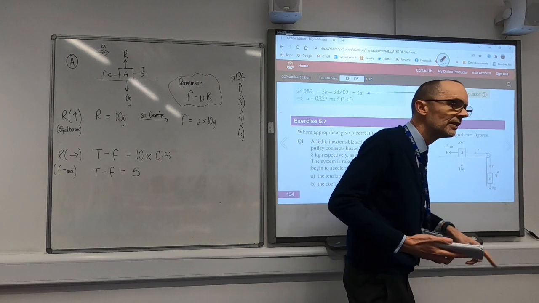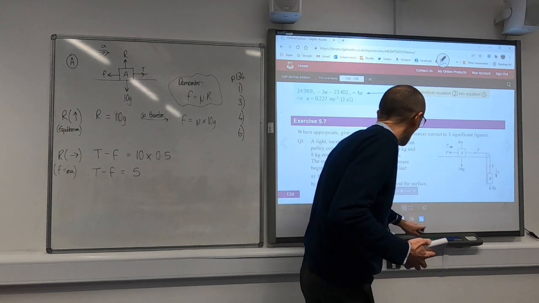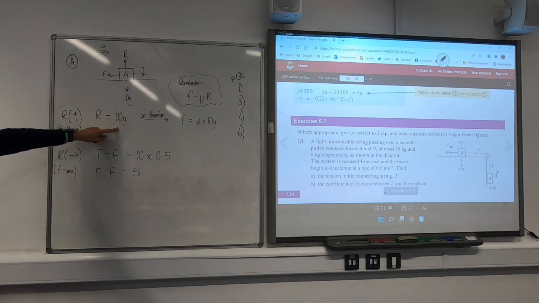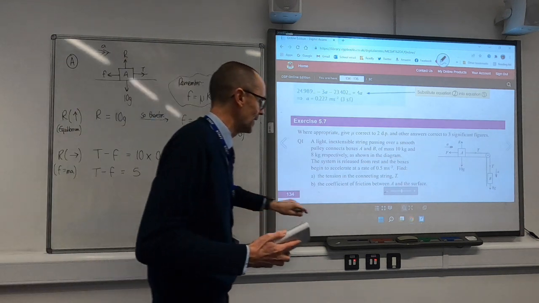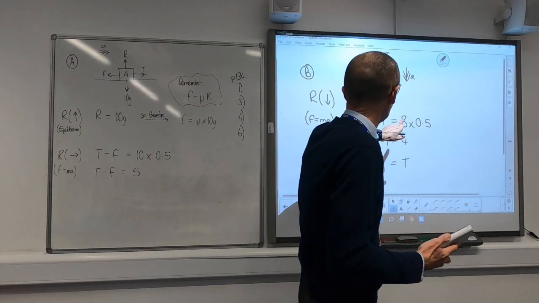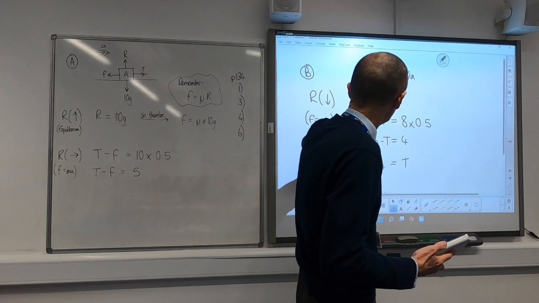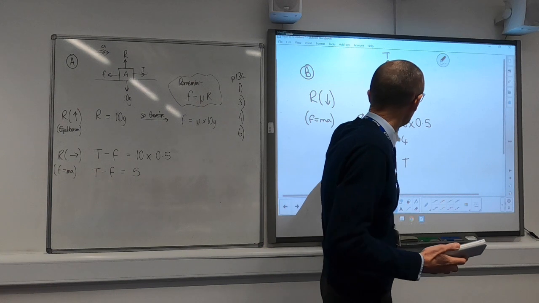But then you did F equals ma, and you did 8g, and the first one you just did 10g. Oh, right. So F equals ma, the mass of that is 10, oh right, we're not doing that. Mass is 8. Okay. So yeah, the force is 8g, but the mass is 8. So that's F equals ma.